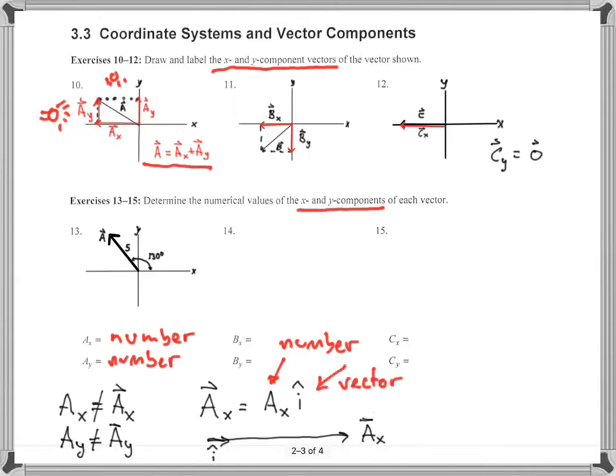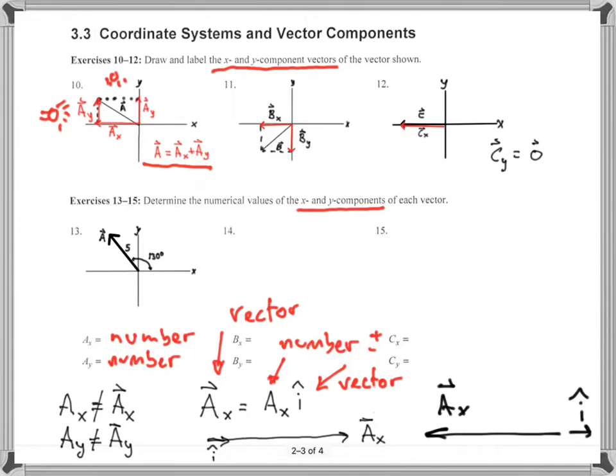Notice that the difference between ax and ax vector is that ax is a number and the ax component vector is a vector, because i hat is a vector. So a number times a vector gives you a vector. Again, that number ax could be positive or negative. It would be negative, for example, if the x component vector pointed to the left.